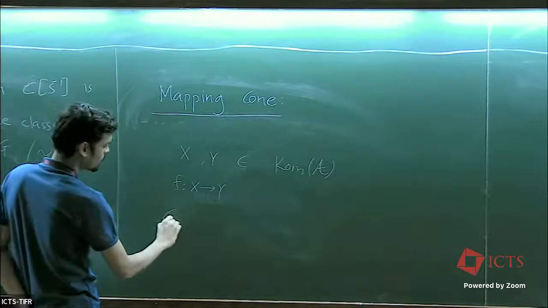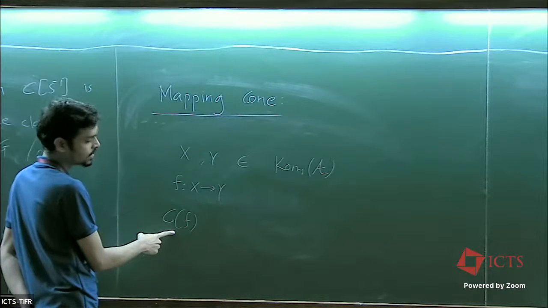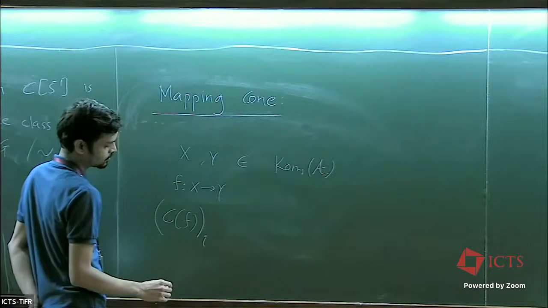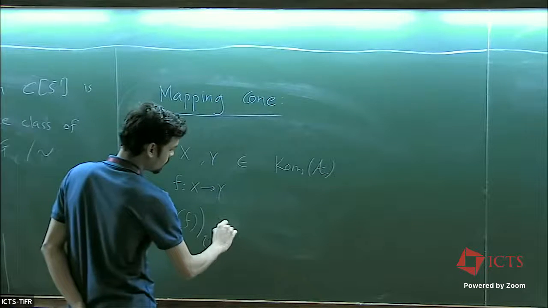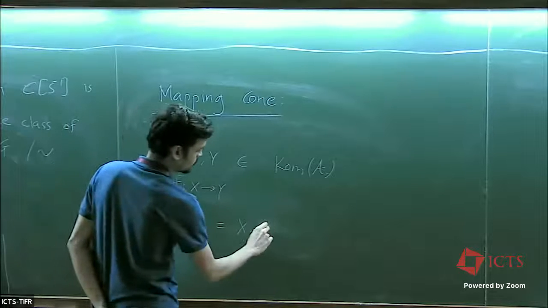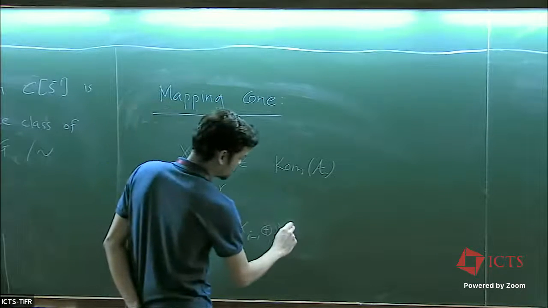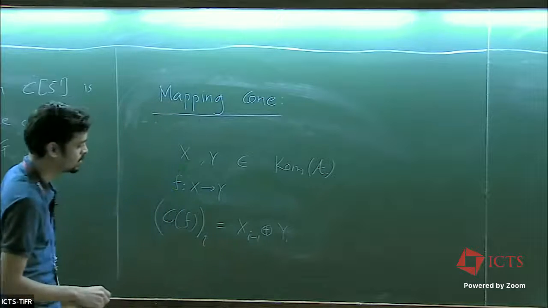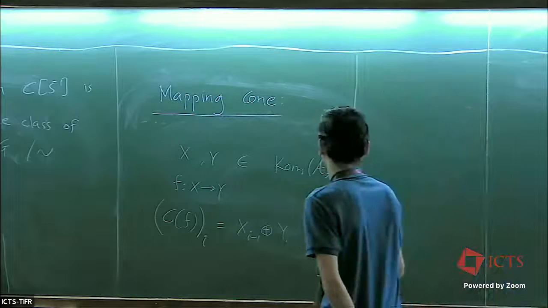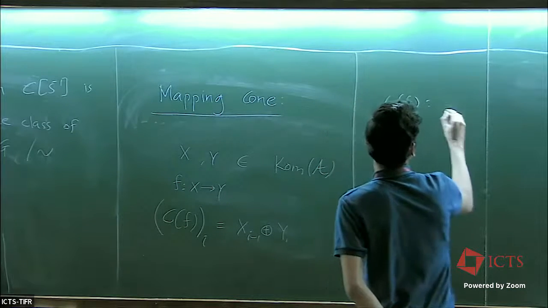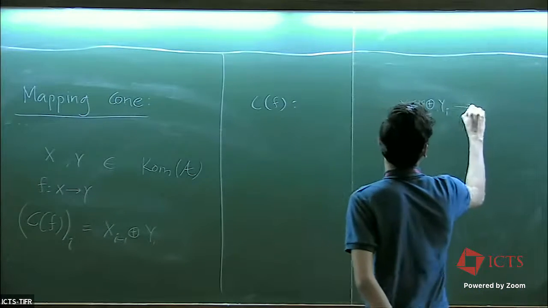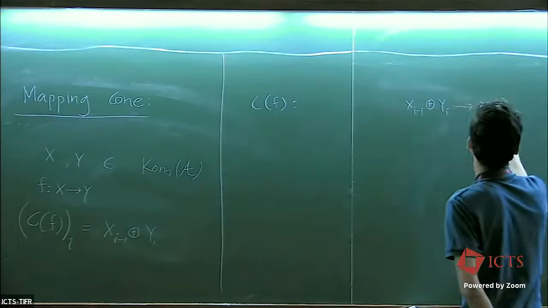Then we define its mapping cone to be a complex C_f whose ith object is X_{i-1} direct sum Y_i. We are in an abelian category. So this is going to be my complex C_f.